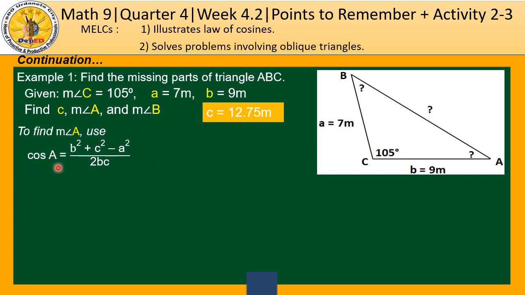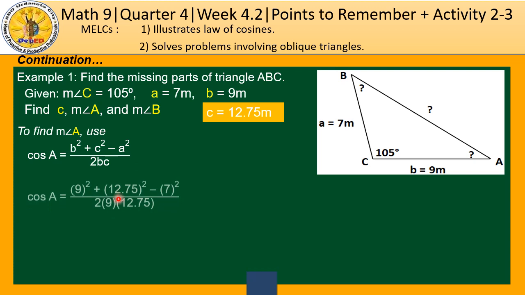Therefore, we will use the second group of formulas. Since we are looking for A, we will use cosine A equals B squared plus C squared minus A squared all over 2BC.